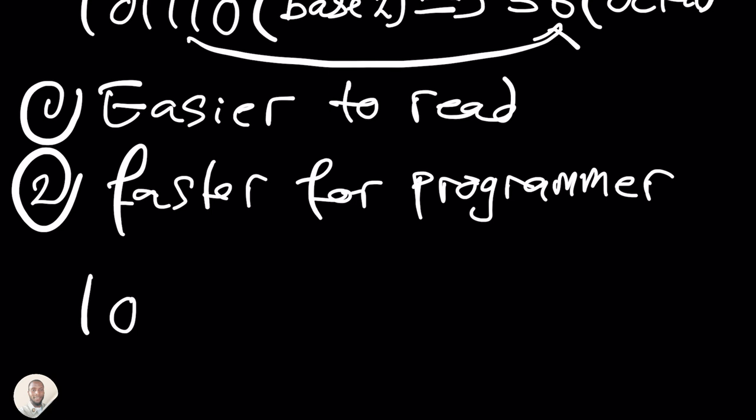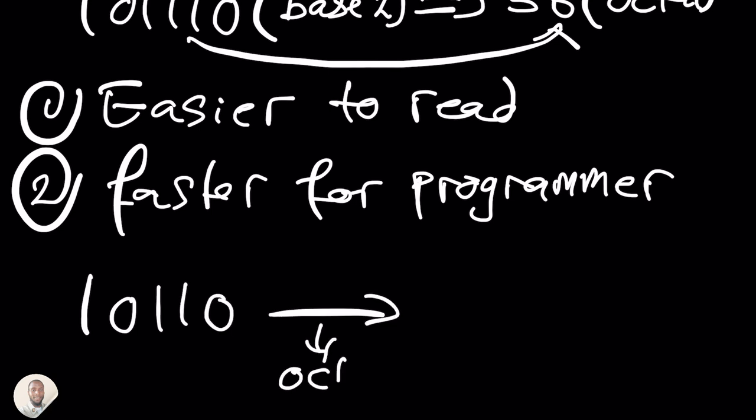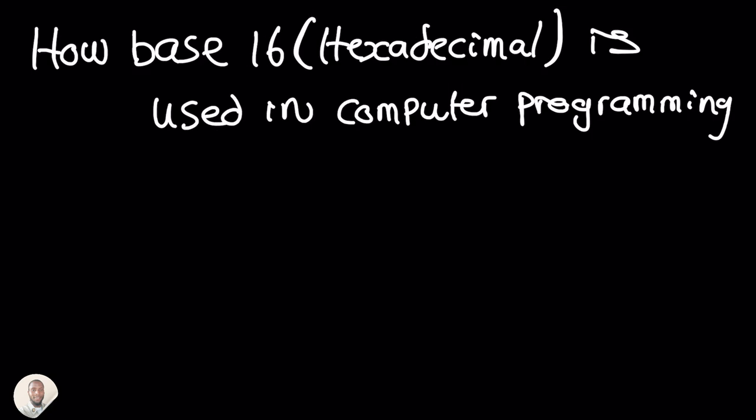The bridge, which is octal, converts 101110 to just 56. So next time you see a 3-digit number in Linux permissions, a type of operating system, know that you are looking at an octal number, helping the computer manage files efficiently.